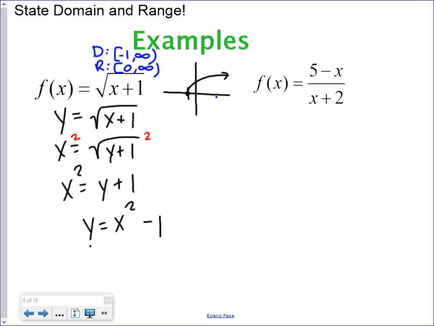So remember, square root functions are restricted on the domain and also the range, which if we apply that down here, because we switched x and y, we're switching our domain and range. Then my domain is now 0 to infinity and -1 to infinity for my range.